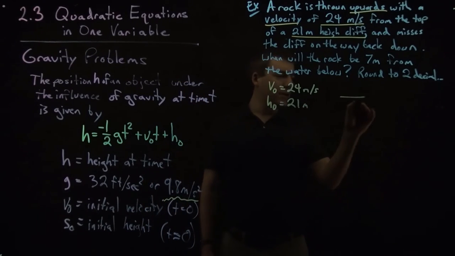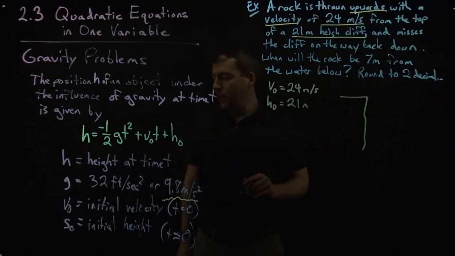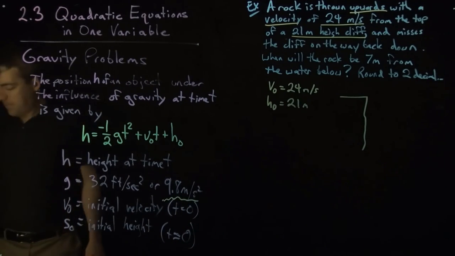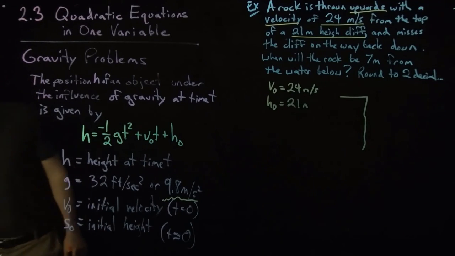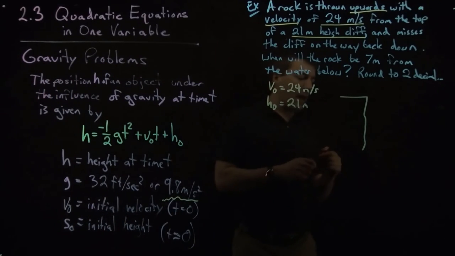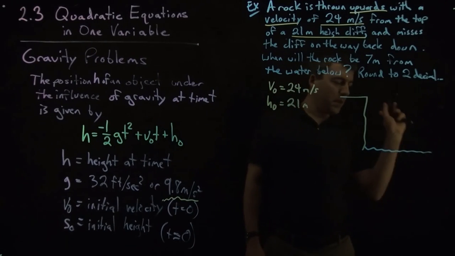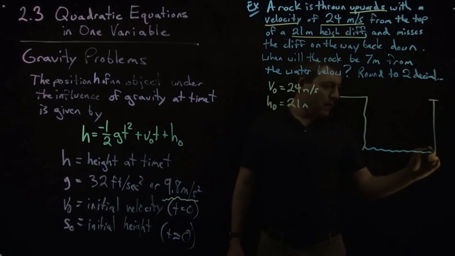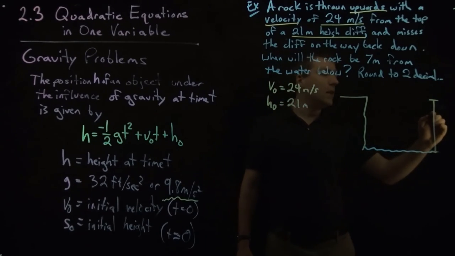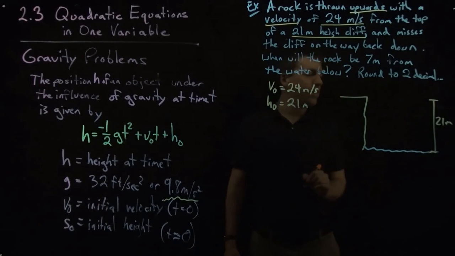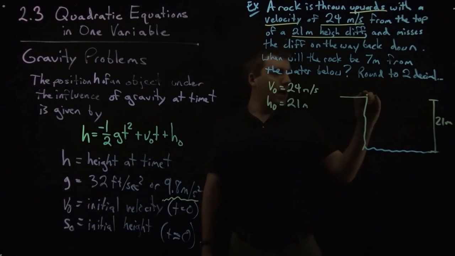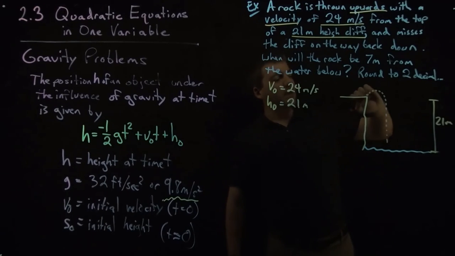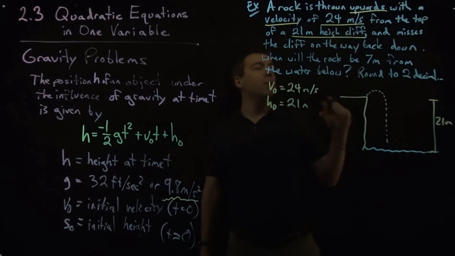So let's draw just a picture here. So we've got the cliff, and there's the water below. We know the height here is 21 meters. And we've got a rock here, and we're going to throw it up with this 24 meters per second.